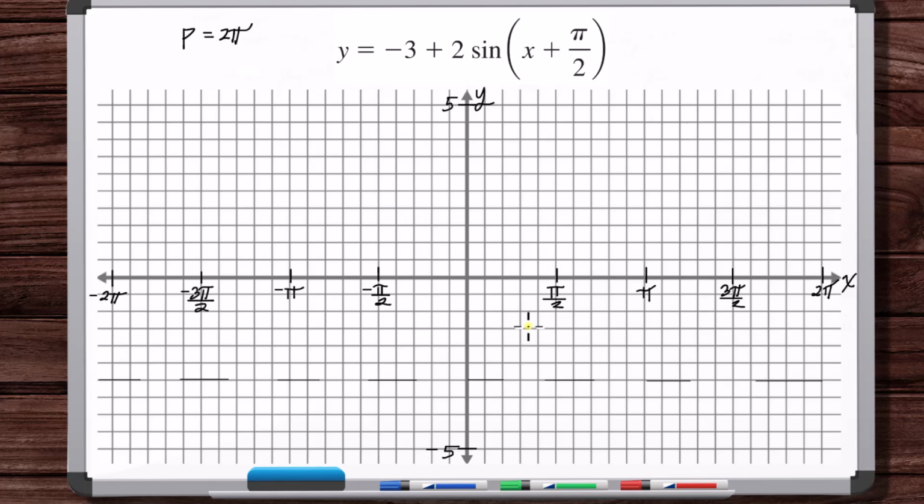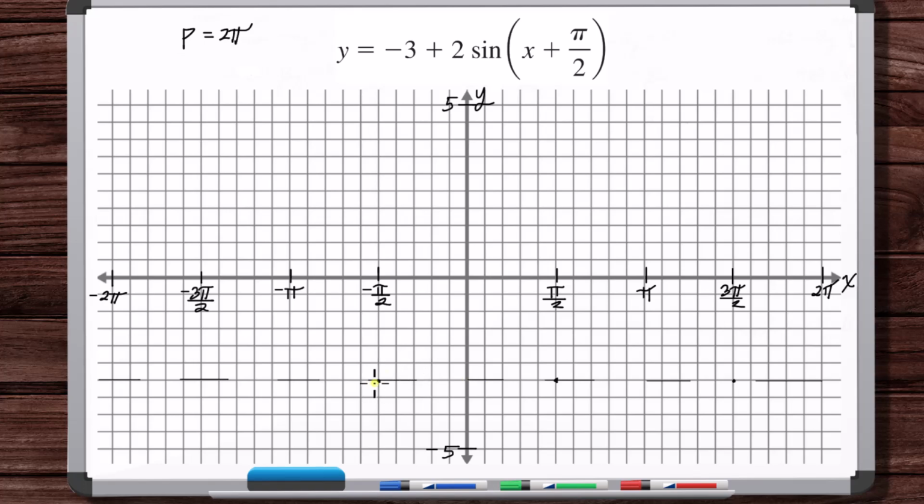Okay, now let's see. We would typically go from 0 to 2 pi here, but we're shifted pi over 2 to the right. So we're going to start here and end here. Now we're dealing with the sine curve, so that starts at the average value and ends at the average value, and then the midpoint is going to be at the average value.